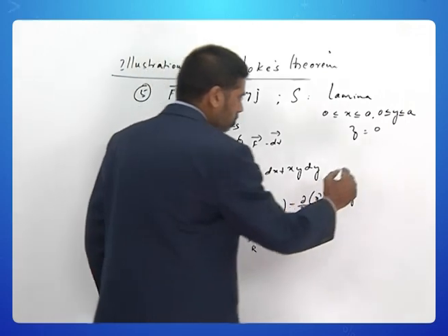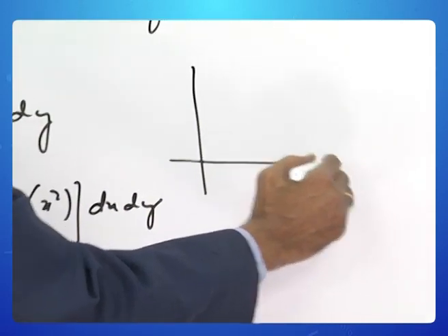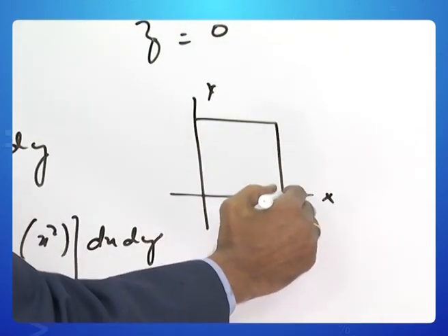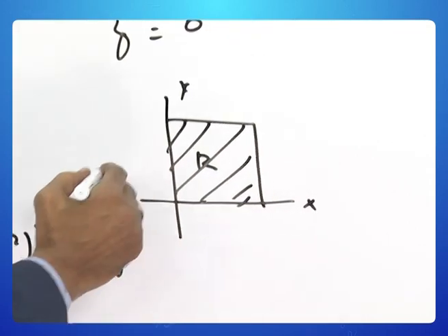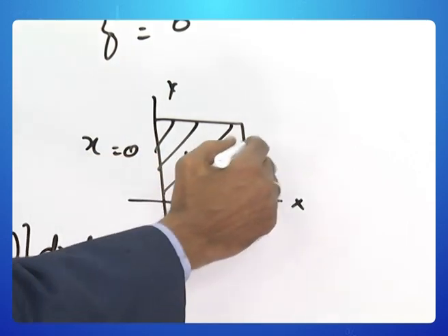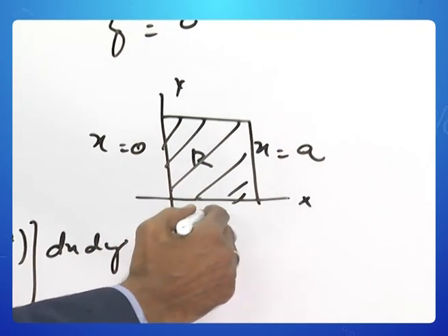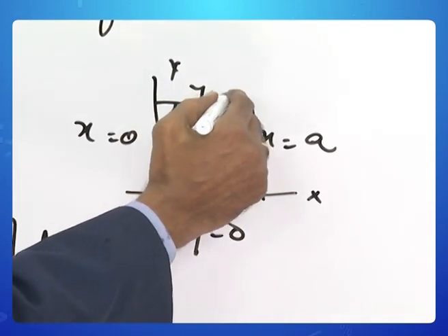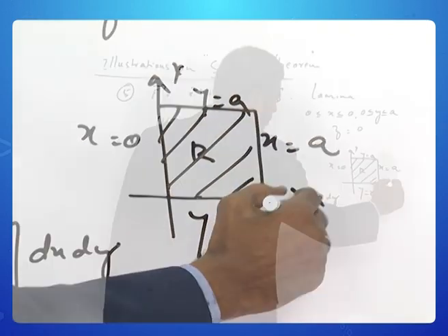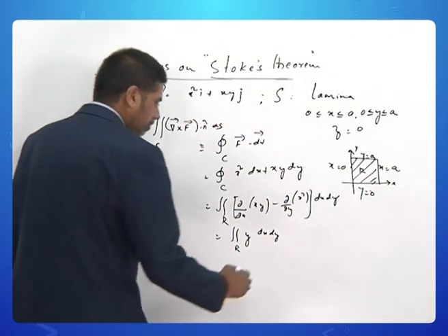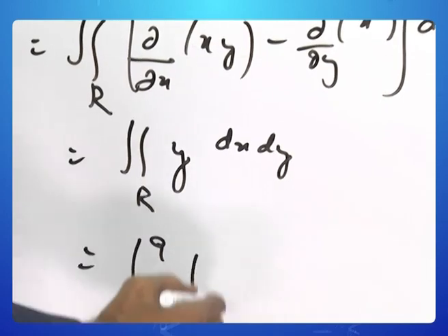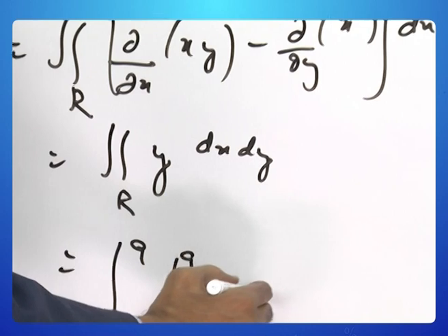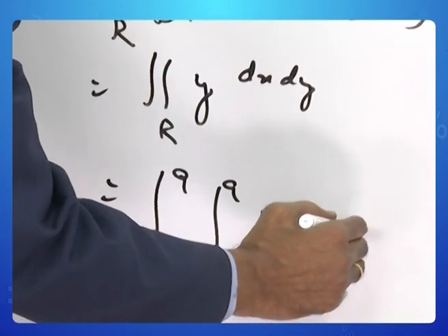The region of course is very simple. It's a square lamina. x is equal to 0 to x is equal to a, y is equal to 0 to y is equal to a. So those will automatically be the limits of integration. So 0 to a, 0 to a, y dy dx.